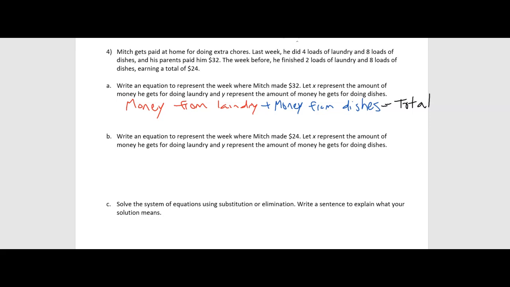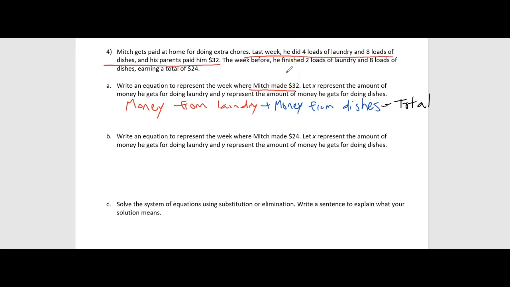So money from laundry. Well, he makes X money for each load of laundry, right? So we don't know the amount of money for each load, but we do know the amount of loads for this week, where he makes $32. That is the week he did 4 loads of laundry and 8 loads of dishes.